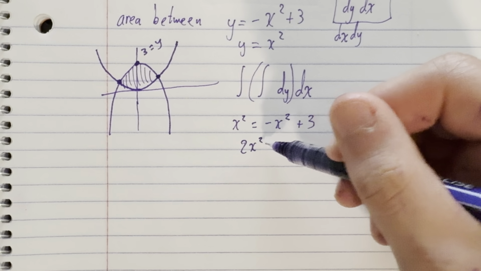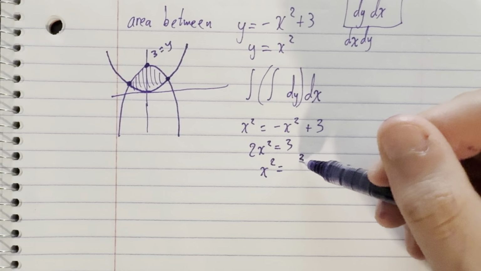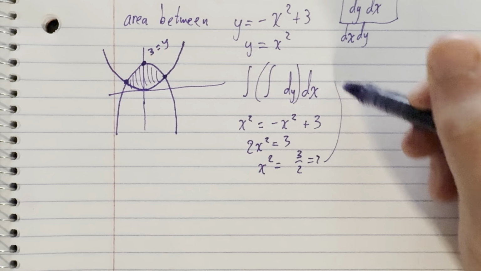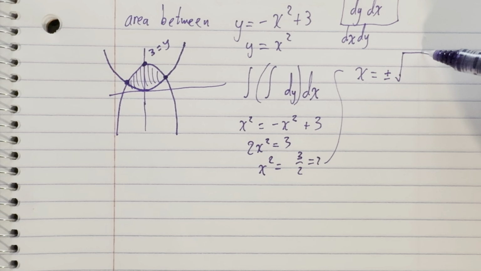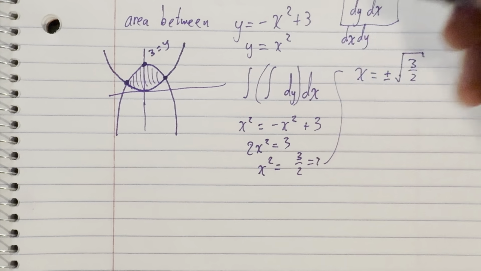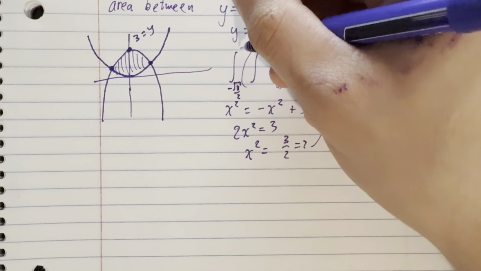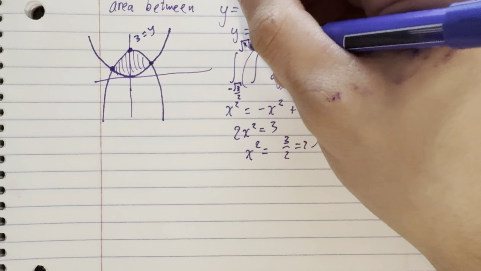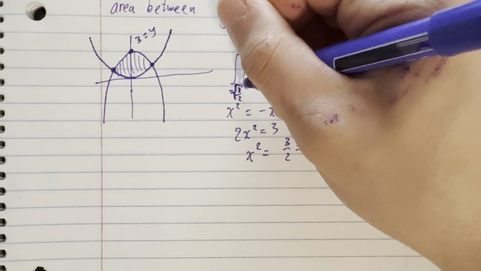That's 2x squared equals 3. x squared equals 3 halves. So then x equals plus or minus root 3 over 2. Okay? So this goes from negative root 3 over 2 to positive root 3 over 2. Sorry, this radical is supposed to get the whole thing.